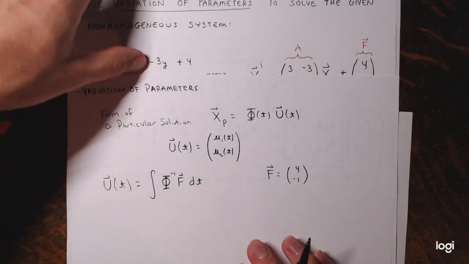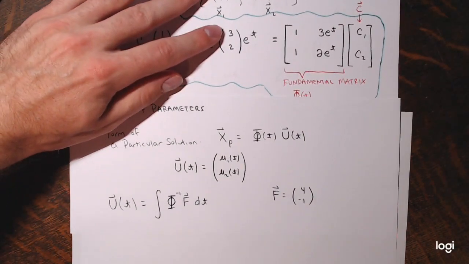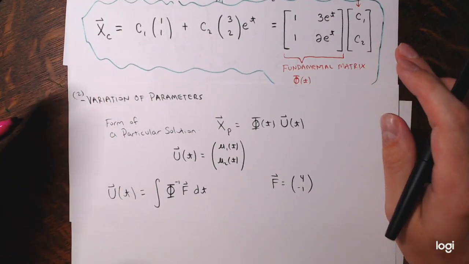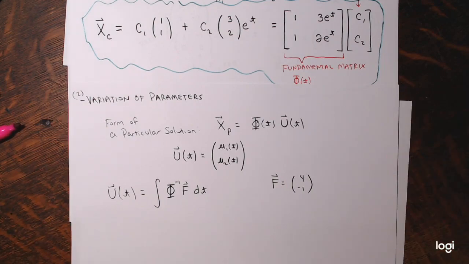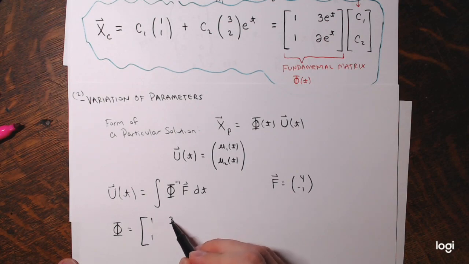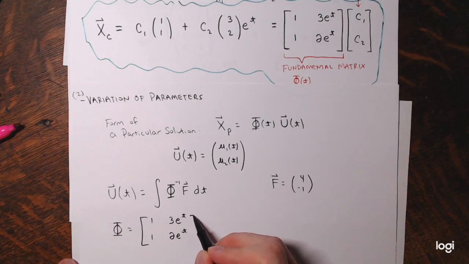And phi was the fundamental matrix. It's only a 2 by 2 matrix, so finding the inverse isn't going to be terribly difficult. So phi is equal to this: 1, 1, 3 e to the t, 2 e to the t.